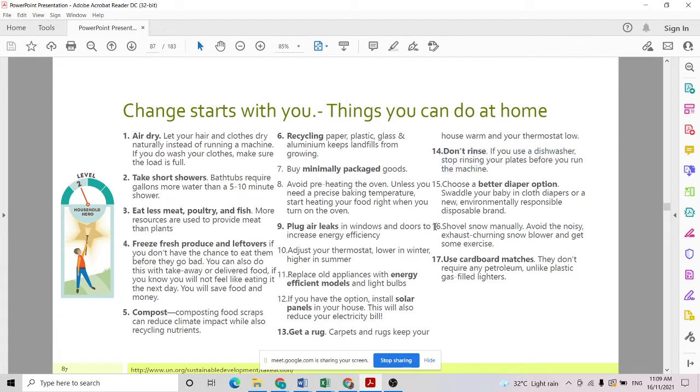And shovel snow manually, this is for those in four-season countries. And then use cardboard matches, so basically they don't use any petroleum, unlike plastic gas lighters. So those are the things that you can do at your home instantly.